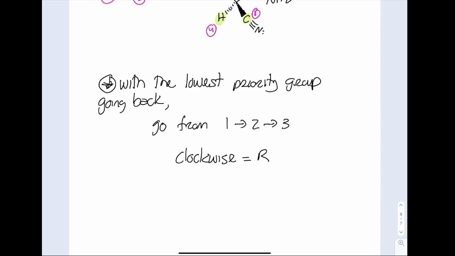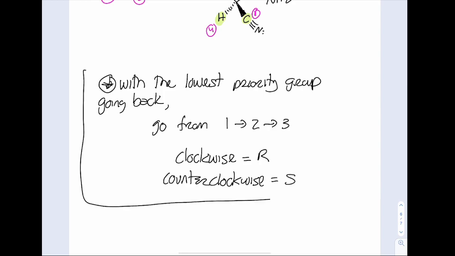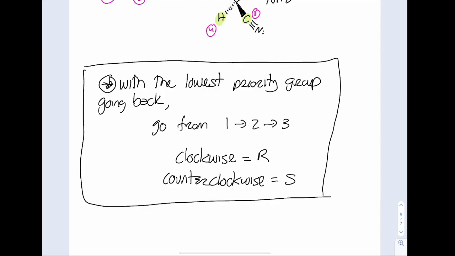So with your lowest priority group back, go from 1 to 2 to 3. If that's in the counterclockwise direction, it's going to be S. If it's clockwise, R. If it's counterclockwise, S.